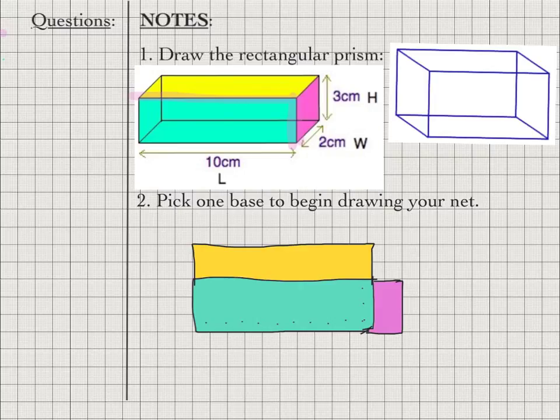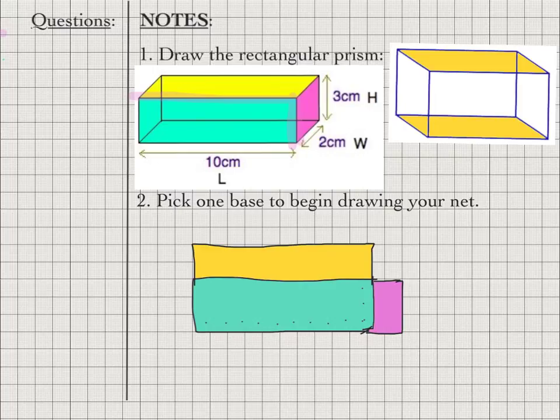So what I want to do is figure out how to get my other 3 faces in my drawing. The other 3 are going to be matching the teal, the yellow, and the pink. So if the top is here, that means the bottom is here, which means the bottom is going to be connected to the teal.